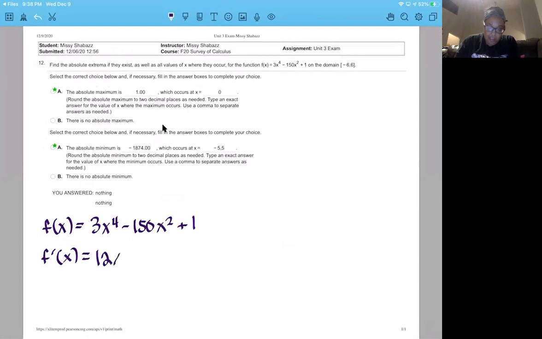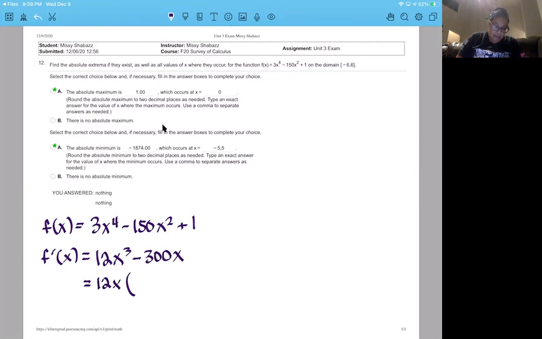So f prime is 12x cubed minus 300x. Can I factor out, let's see. Oh, wait a minute, here's my calculator. I grabbed my phone. So I'm going to factor out a 12x.